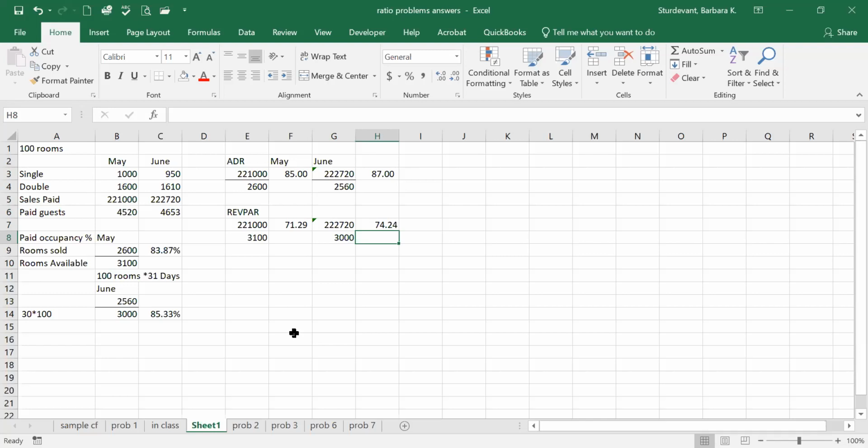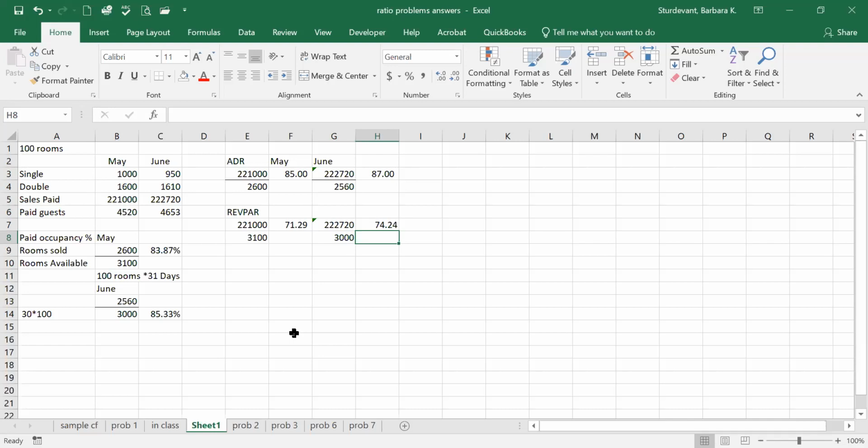So starting on page 290, number 19. Okay, number 19. Do not do F. You can do everything else.